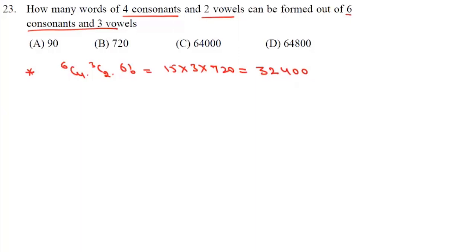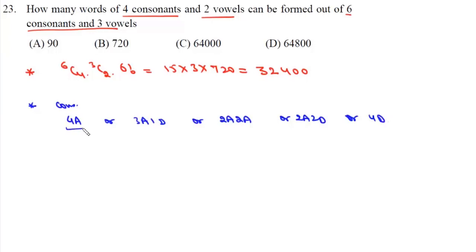And if we consider the second case, when repetition is allowed, then for consonants we have cases when all the 4 consonants are alike, or we have 3 alike, 1 distinct, or 2 alike, 2 alike, or 2 alike, 2 distinct, or all 4 distinct.